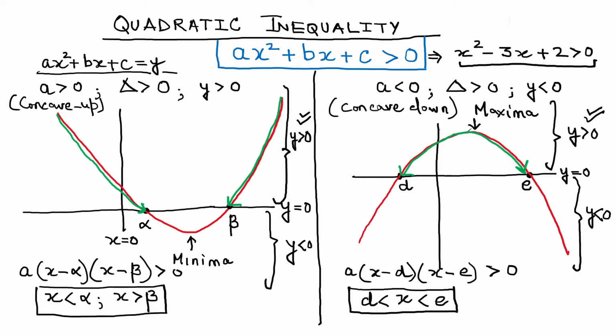Now we would just quickly check, is a positive here? Yes, a is positive. Is delta greater than 0? Yes, because delta is b square, which is 9, minus 4ac, which is 8. Is delta greater than 0? Yes. Is y greater than 0? Yes.